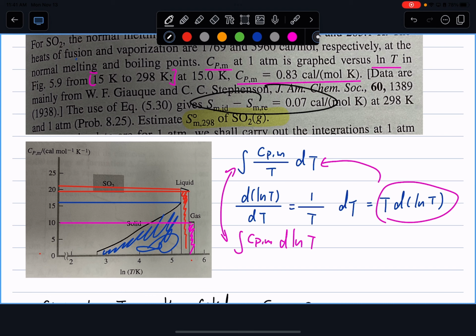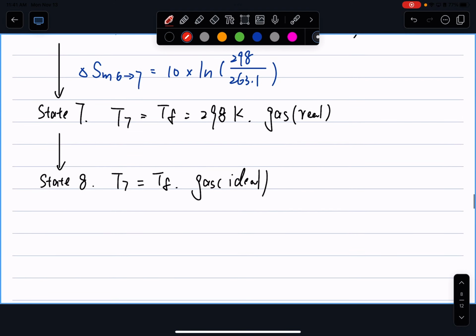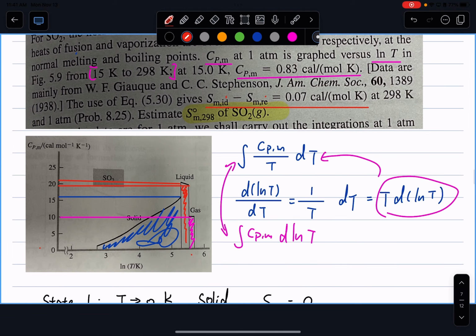The difference between real and ideal gases is about 0.07. So it's just a number that's been given. For this process, we have delta S between 7 to 8. That's final minus initial, so S ideal minus S real. So ideal minus real, that's 0.07.